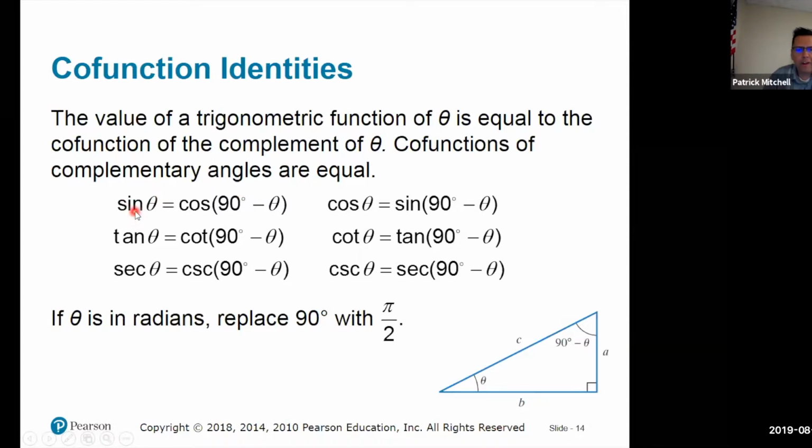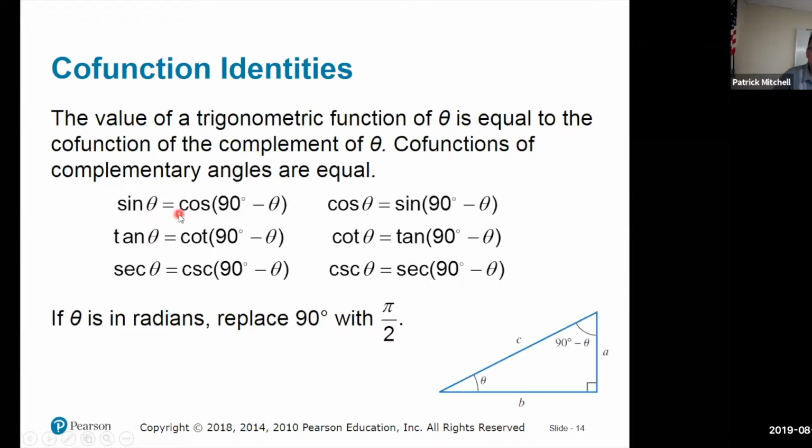You take a trig function that does not have a co in front of it, and you get the cofunction just by adding co in front. So the cofunction of sine is cosine. The cofunction of tangent is cotangent. The cofunction of secant is cosecant. So these identities are really very easy to remember.